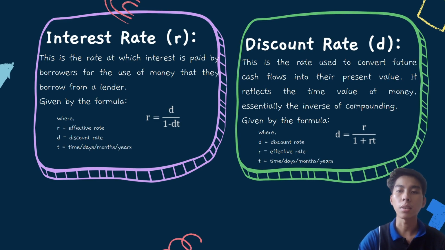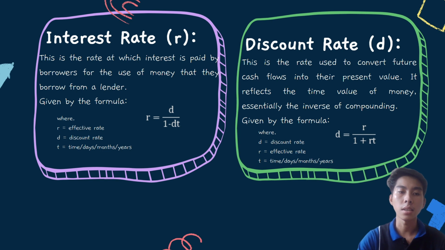The interest rate is the rate at which interest is paid by borrowers for the use of money that they borrow from a lender, given by the formula R is equal to D over 1 minus DT, where R is the effective rate, D is the discount rate, and T is the time.